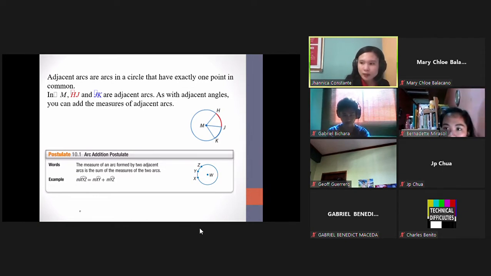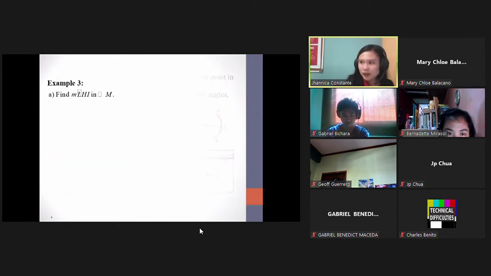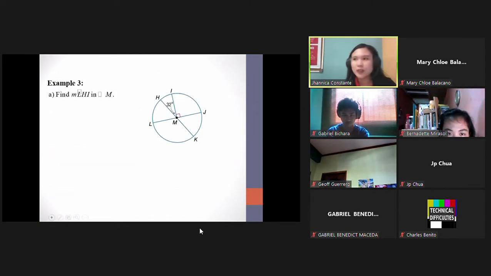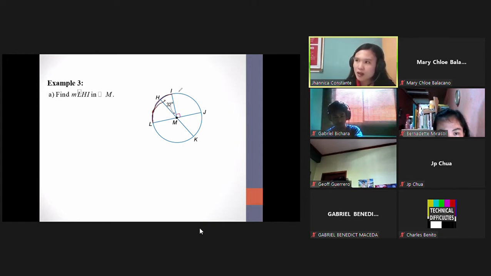For example, we have this circle and we need to find the measurement of the arc LHI. Since this arc has an adjacent radius, the adjacent radius that they are sharing is radius HM, or MH.